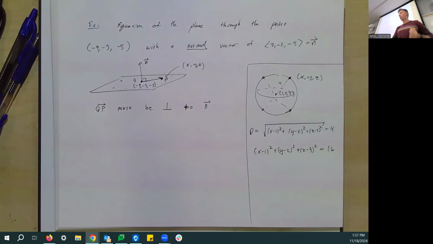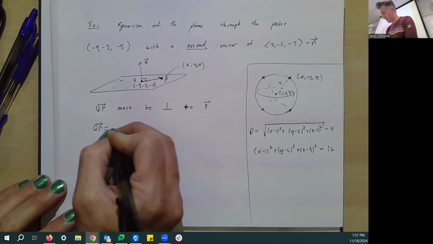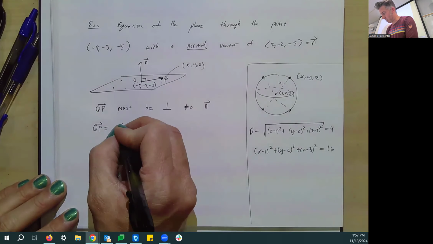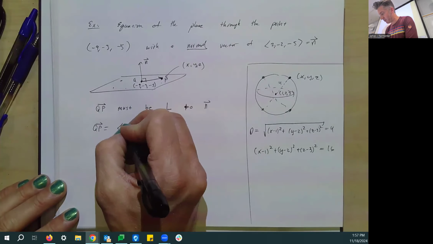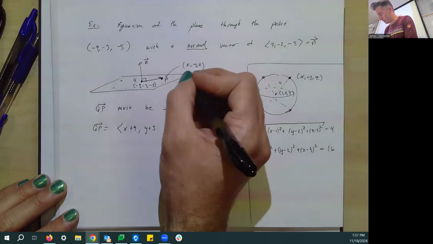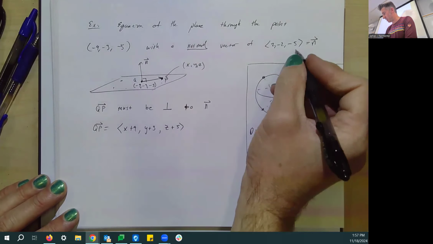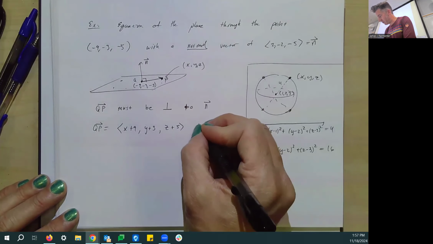Great, let's find the vector. The vector QP, again, is the endpoint minus the initial point. So it's going to be x minus -9, y minus -3, z minus -5. And we know the vector n is already this vector 2, -2, 5.